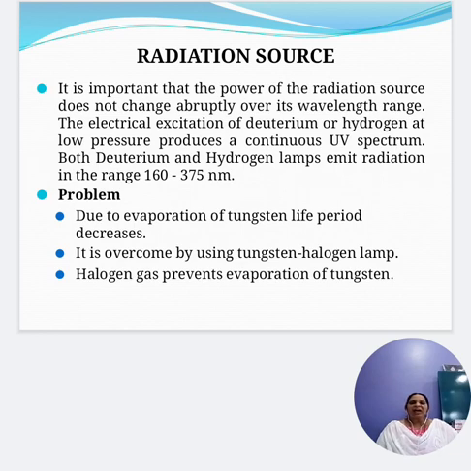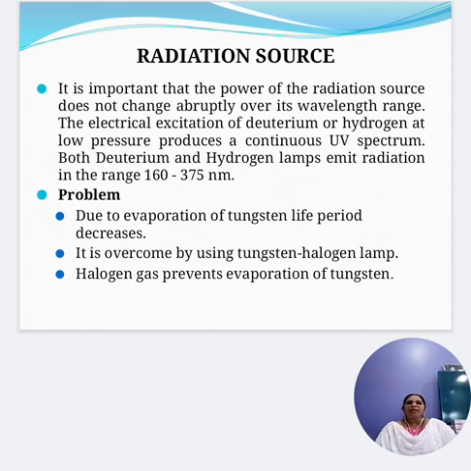Hydrogen or deuterium lamps are generally used in ultraviolet spectrophotometers. Both the deuterium and hydrogen lamps emit radiation in the range of 160 to 375 nanometers.